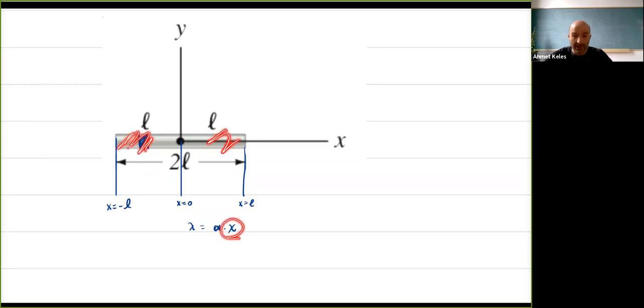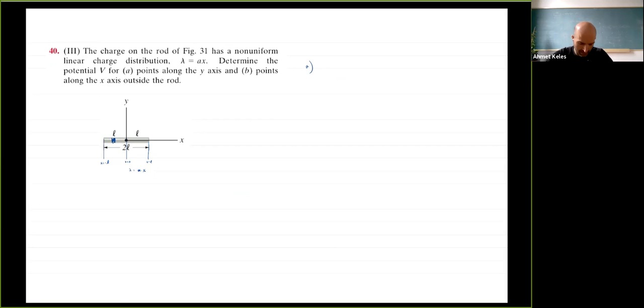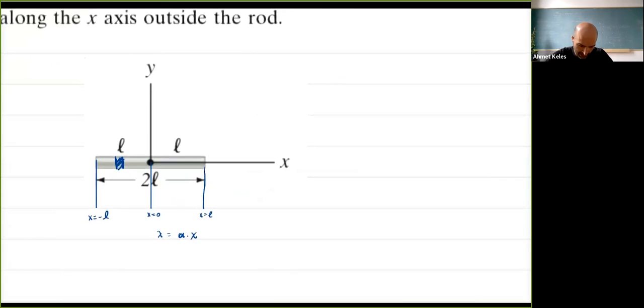Because x is negative here. Now, I want to write this element here. Let me draw it something like that. So that's x, that's y, and we know how to do the Pythagorean theorem. It's like x squared plus y squared.